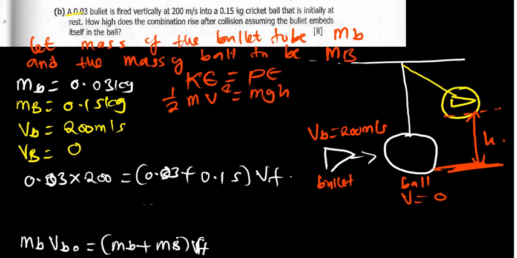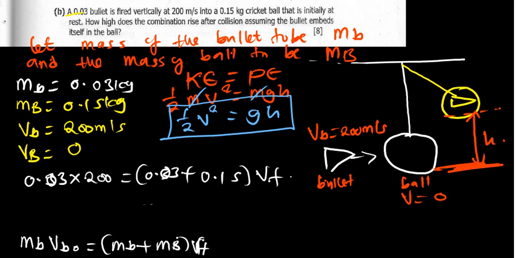So this h is the one we are trying to find. We can see that we have got mass on both sides, so I can cancel mass, and I'll have half v final squared is equal to g h. Now I can use this formula to find the h. This v which I'm going to find here is the velocity there. So let's first find the v, and then find the h using that formula.